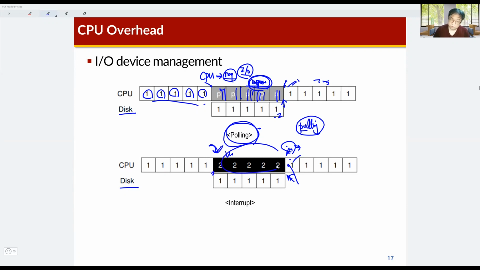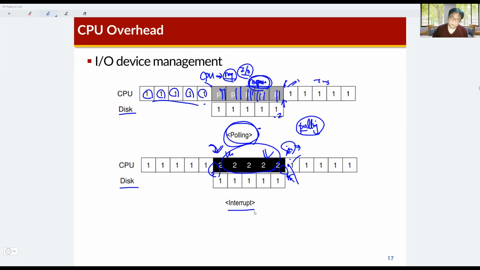So while the hard disk drive or some other I/O device processes the request from the CPU, the CPU can execute a different task or different thread, okay, by context switch. So this is the interrupt-based control.